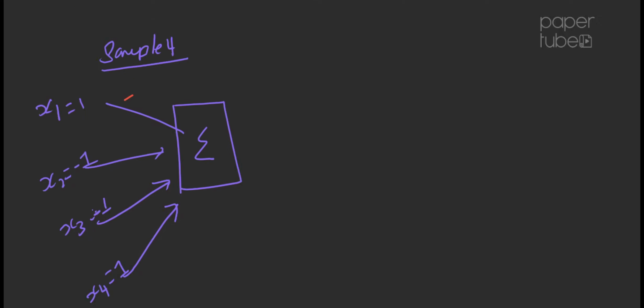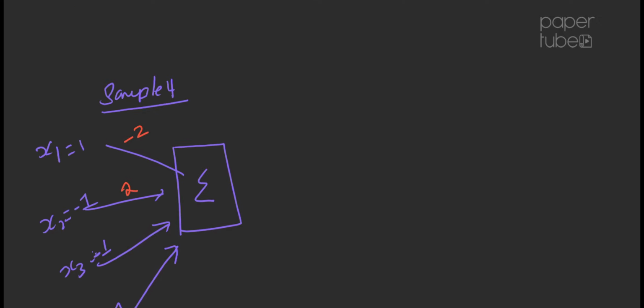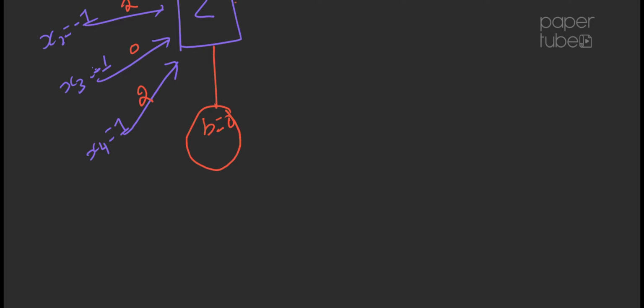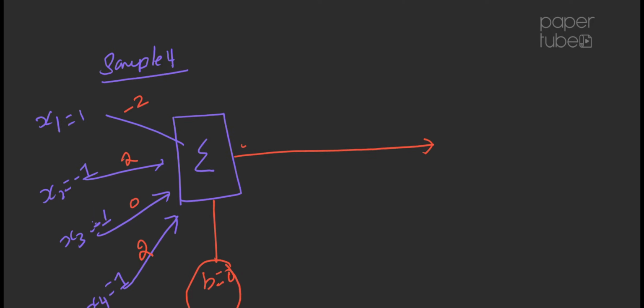Your weights are -2, 2, 0, 2, and a bias which is obviously 0, and then you calculate the net input, the summation of wi xi plus b. If you calculate correctly, this value will be equal to -2.